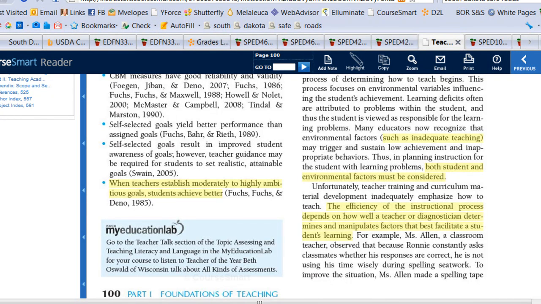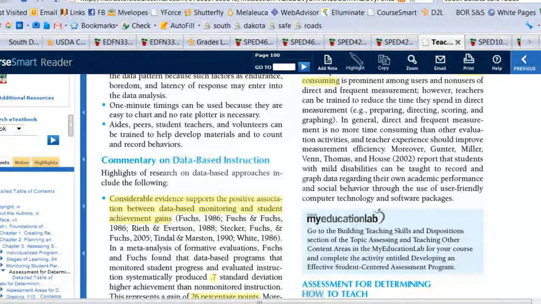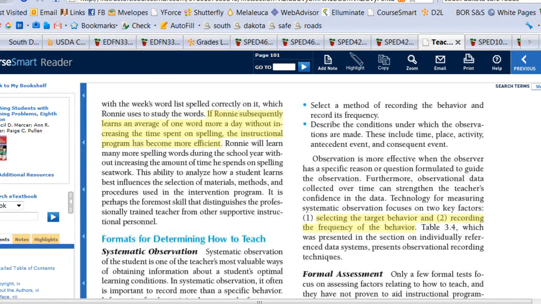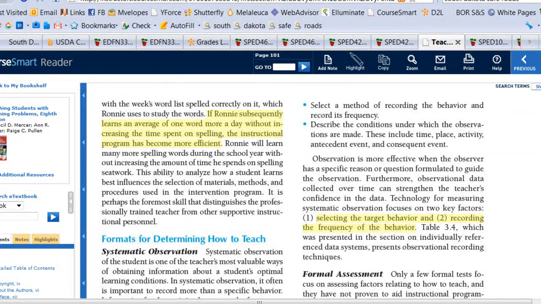For example, Miss Allen, a classroom teacher, observed that because Ronnie constantly asks classmates whether his responses are correct, he is not using his time wisely during spelling. To improve the situation, Miss Allen made a spelling tape with the week's words listed, spelled correctly, and recorded Ronnie's use of study words.